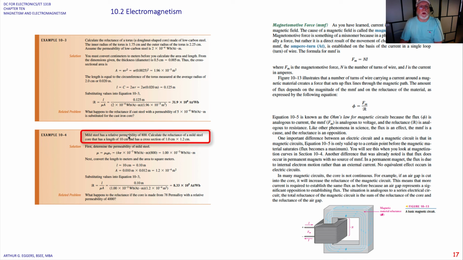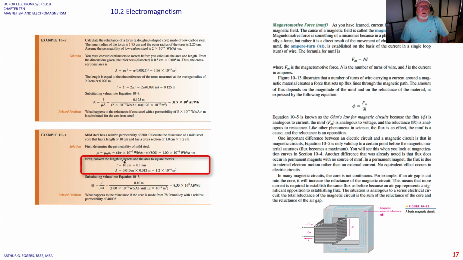Mild steel has a relative permeability of 800. Again, no units. Calculate the reluctance of a mild steel core that has a length of 10 centimeters and a cross section of 1 centimeter times 1.2 centimeters. First, determine the permeability of mild steel. The permeability mu is equal to mu naught times mu r. There's our relationship. We get a value of 1 times 10 to the minus third Webers per ampere turn meters.